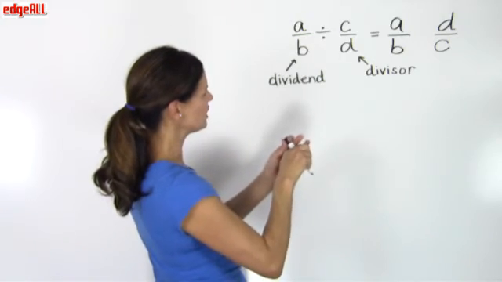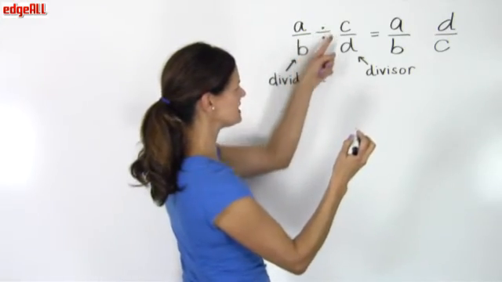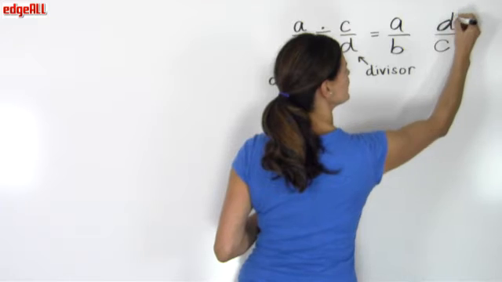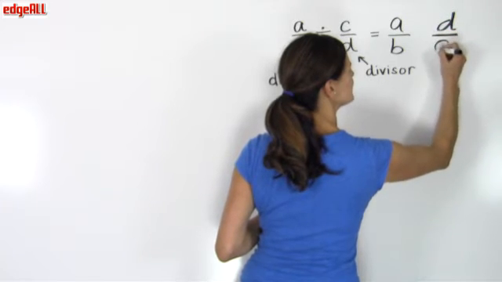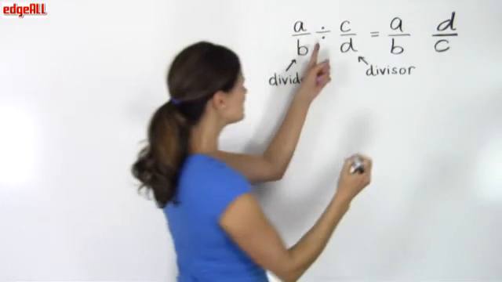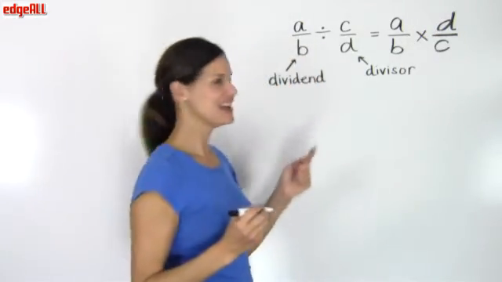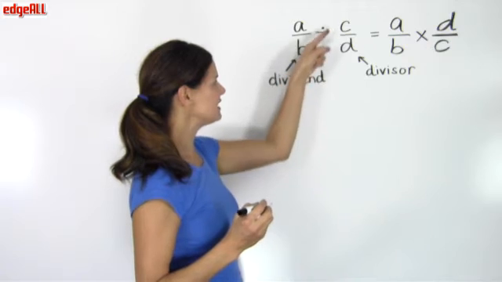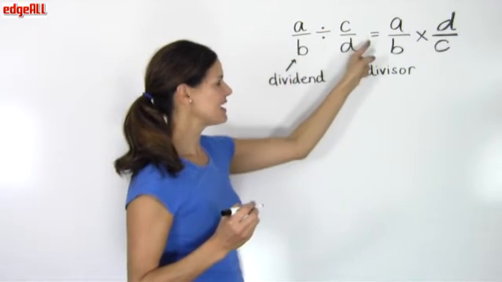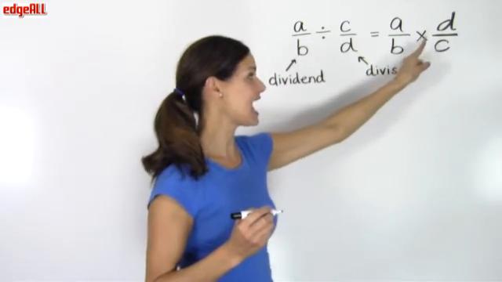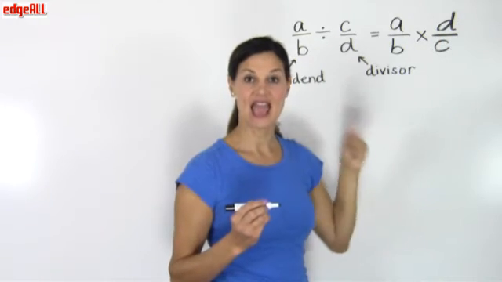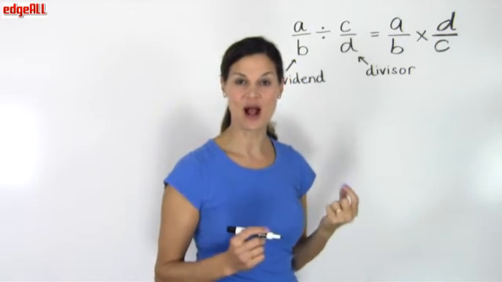So I inverted my second fraction from c over d to d over c. And I changed this operation from division to multiplication. So a over b divided by c over d becomes a over b times d over c. And we'll use this method to solve our problem.